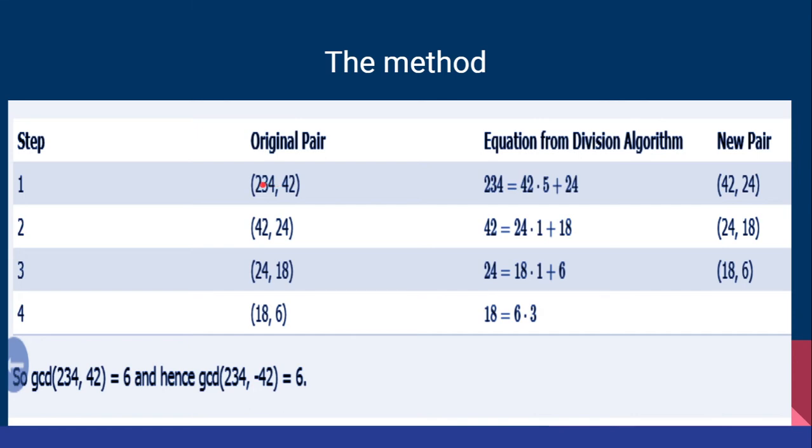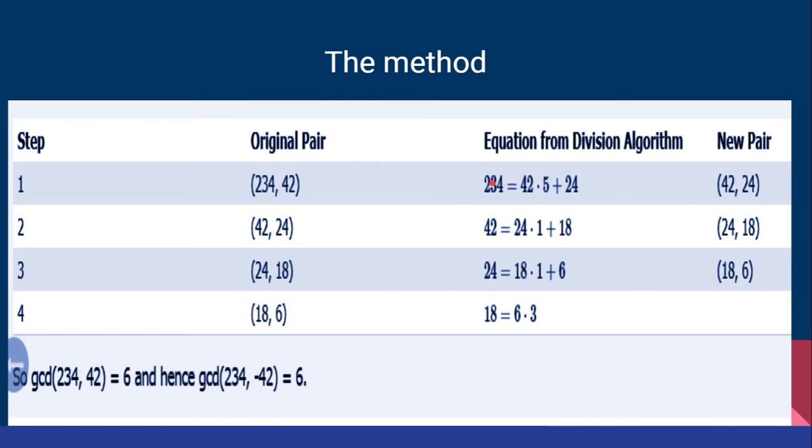How many times does 42 go into 234, plus the remainder? We are just dividing and finding the quotient and the remainder between these two numbers.